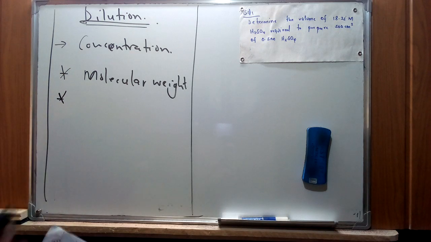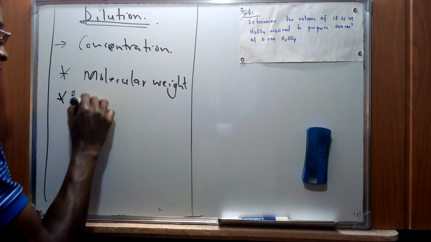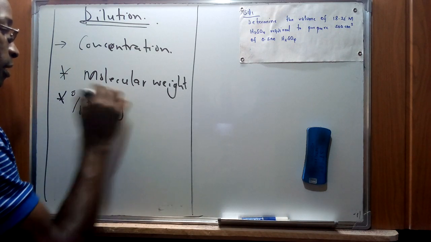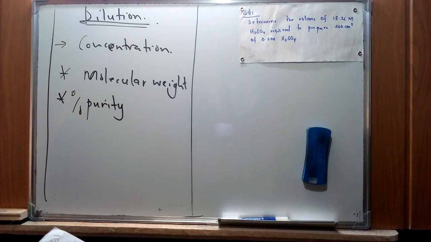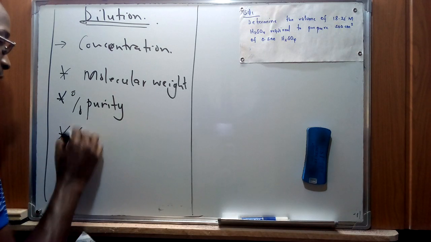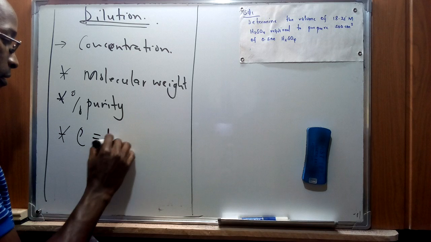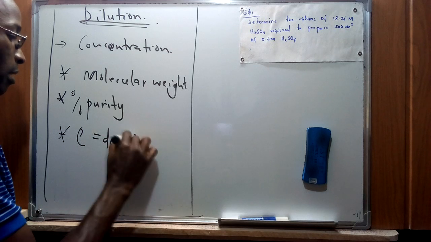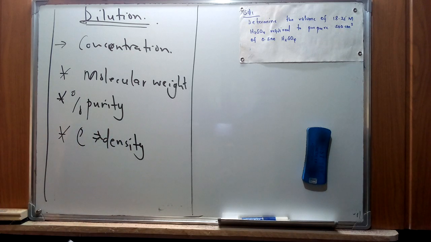The next one is the percentage purity of that specific product, and then you may also be given information on the density of that specific product.